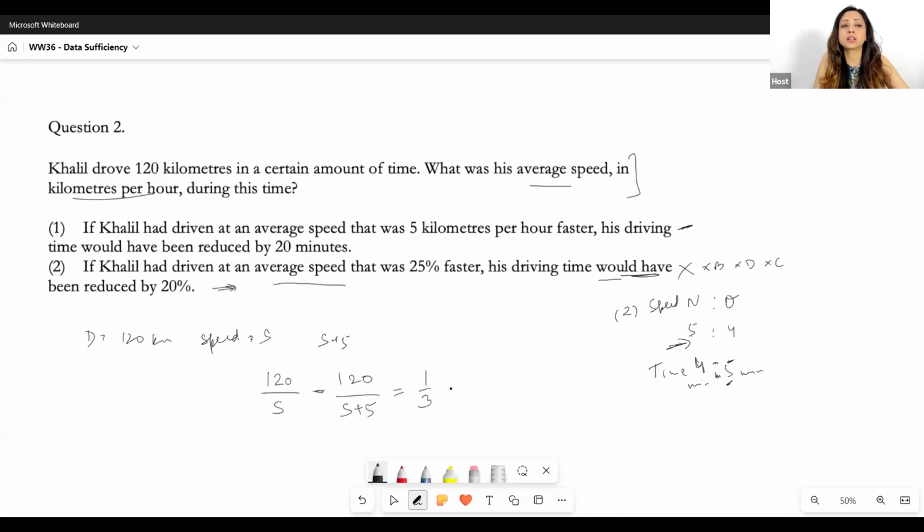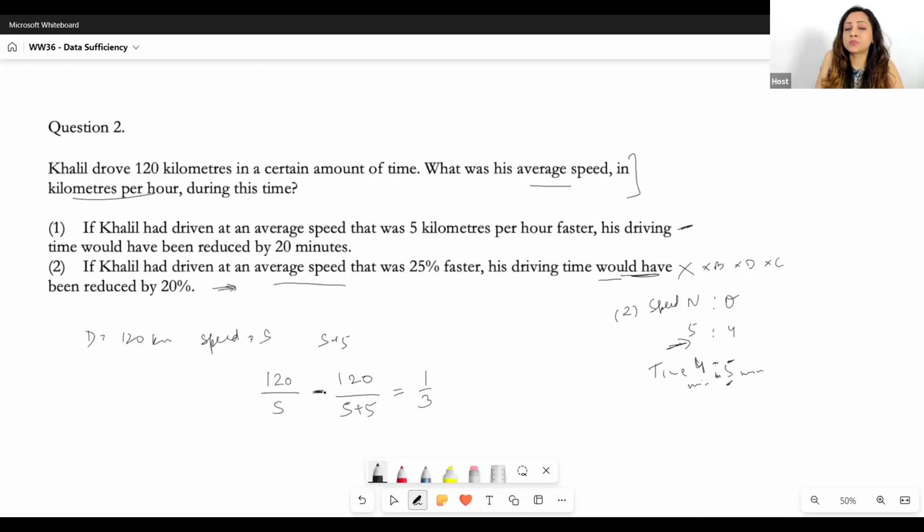Of course, I want everything in kilometers per hour, so I've converted it into hours. Now, this is the equation that I have to solve to get the value of S, right? I need the speed. What is his average speed? I'm assuming his average speed is S. So I say 120 by S gives me the time taken in the original case. When his speed increased by 5, the time taken reduced, this is smaller.